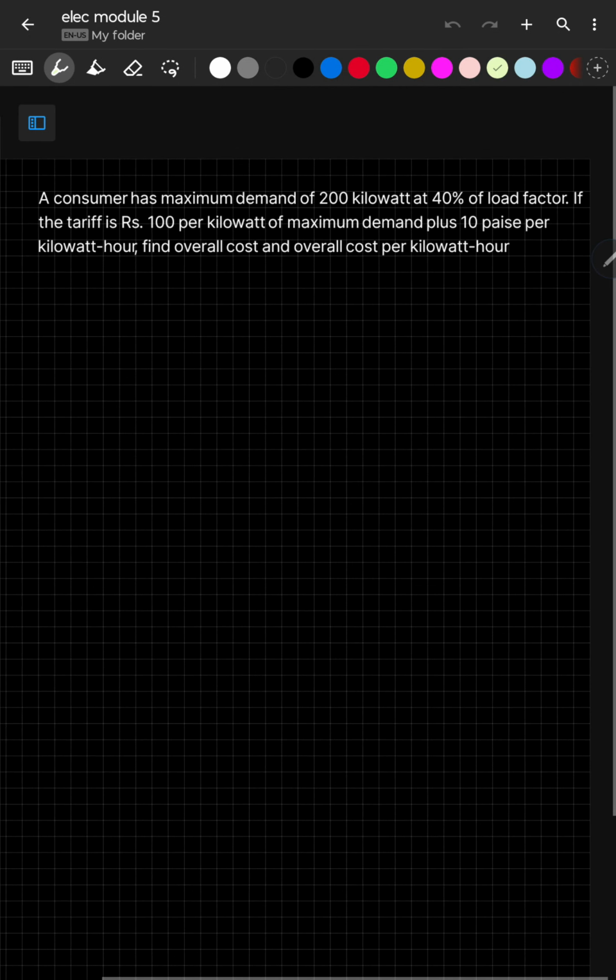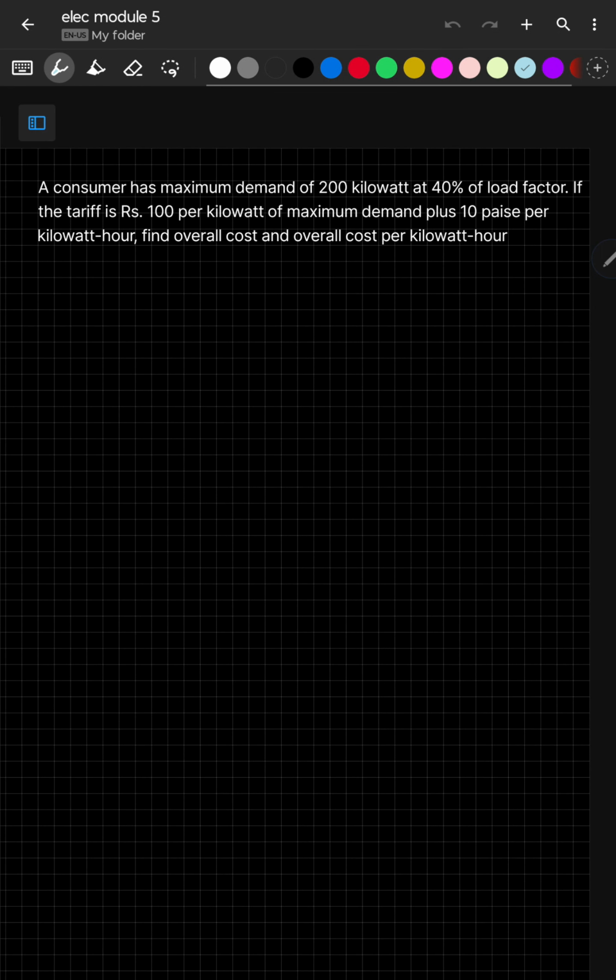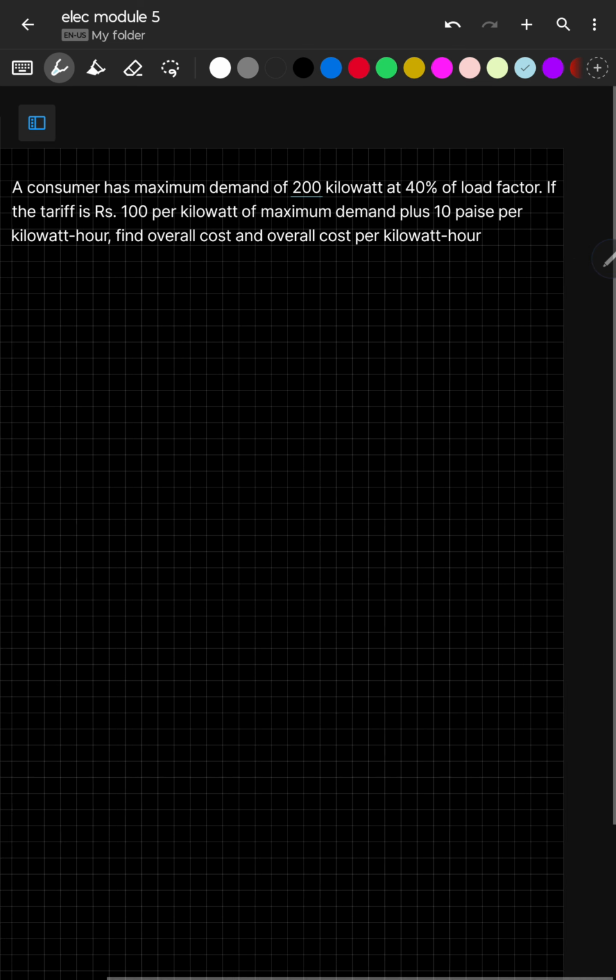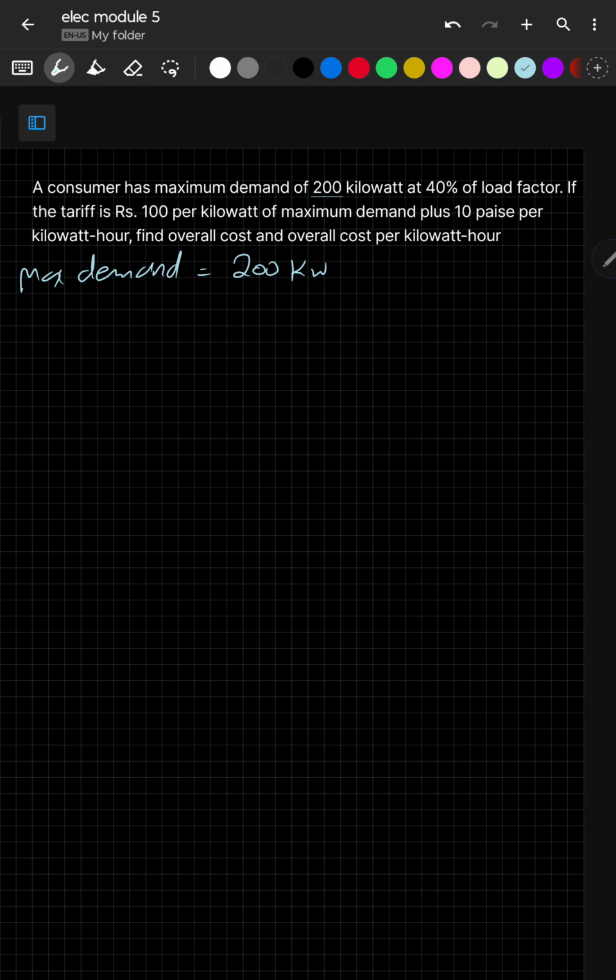A consumer has a maximum demand of 200 kilowatt, my bad, kilowatt. Load factor 40%. If the tariff is as given, I'm writing when I'm solving.